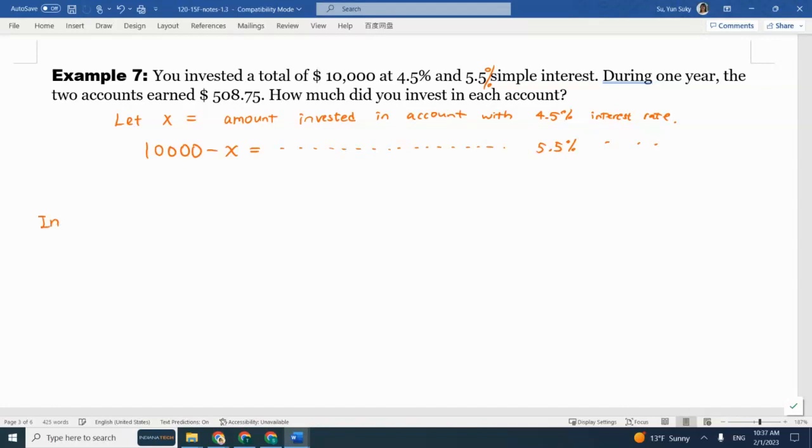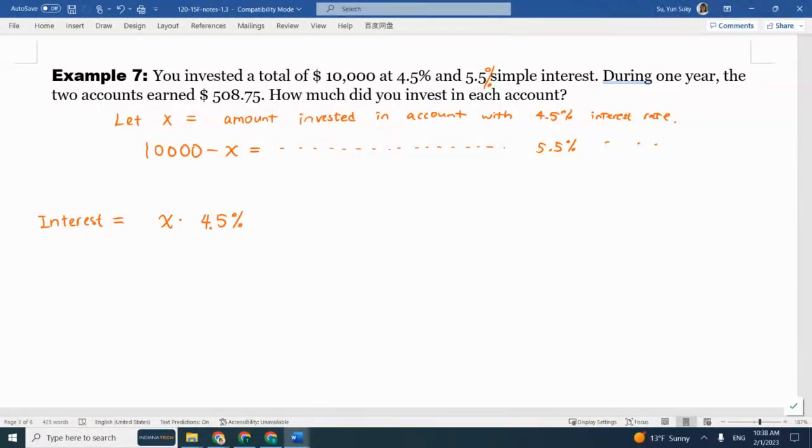Now what is the interest? So we have two accounts. The first account is x times the interest rate, which is 4.5%. So when you are doing your work, be careful. The dot in the middle means multiplication, and this is the decimal dot.